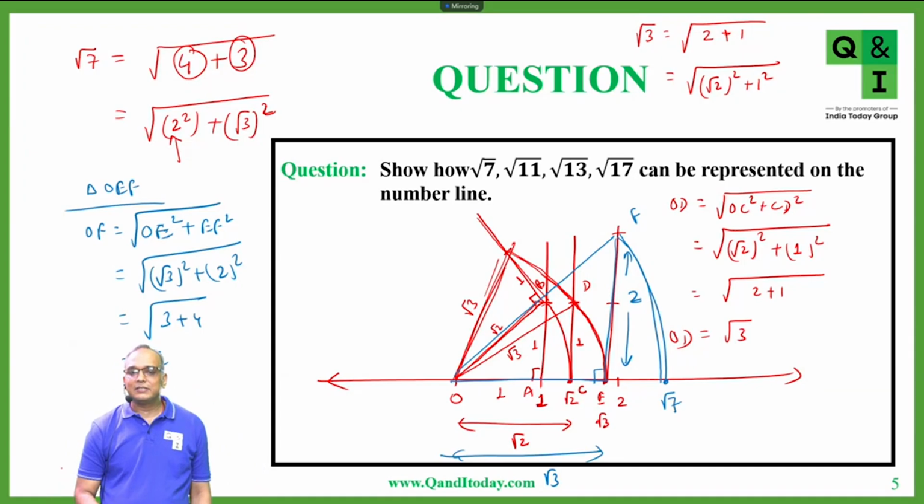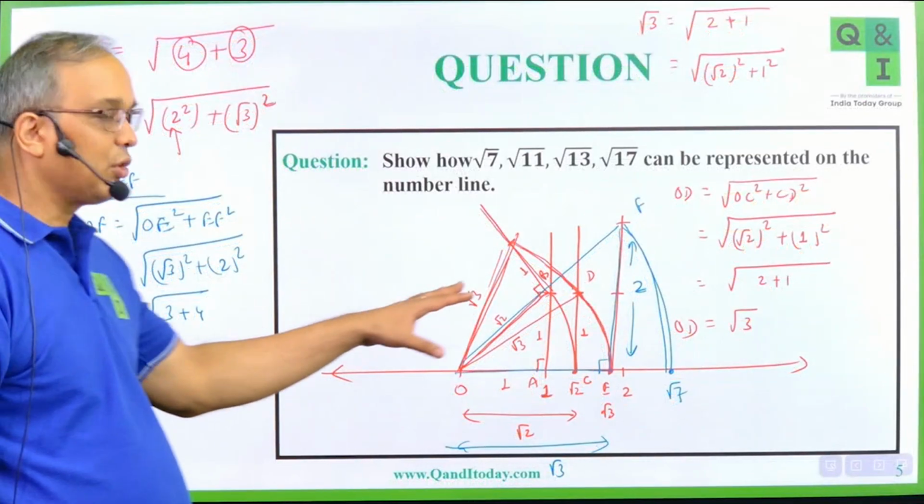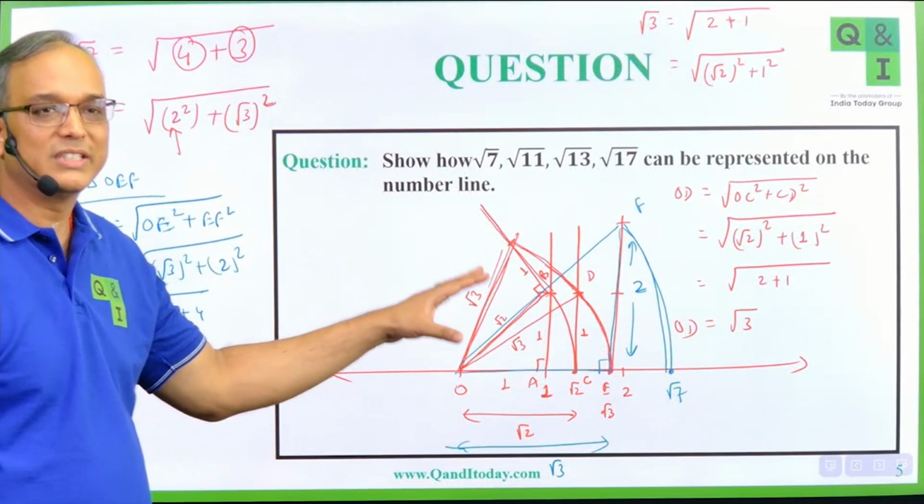Is this clear, students? Have you understood the concept of how to make root 7 on the number line?